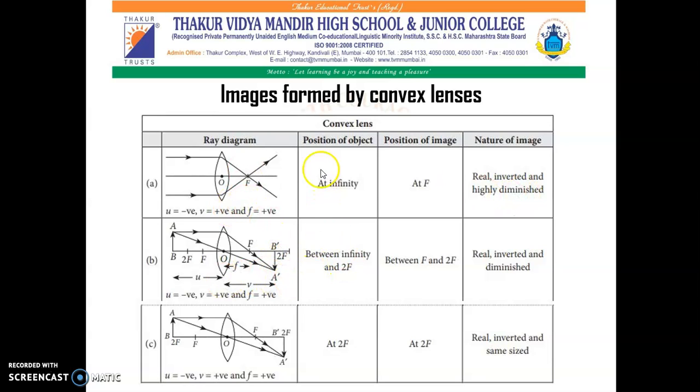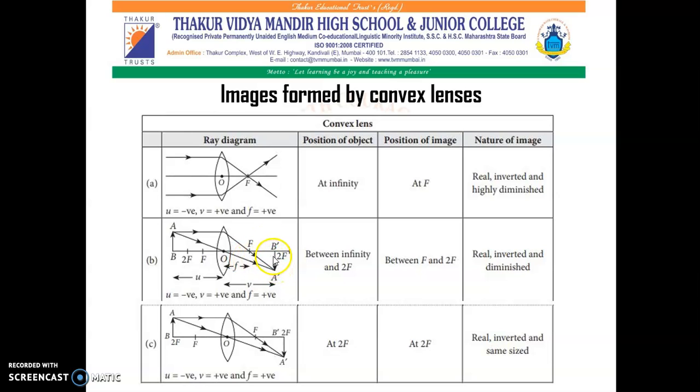In the second case, when the position of the object is between infinity and 2F, where 2F is the distance which is double the distance of the principal focus. So when the object is somewhere here between the infinity and 2F, in that particular case, you can see over here the incident rays which are parallel to the principal axis, they are meeting at the point F, which is principal focus, whereas the incident ray which is passing through the optical center of the lens, it will be passing in the same direction without getting refracted.